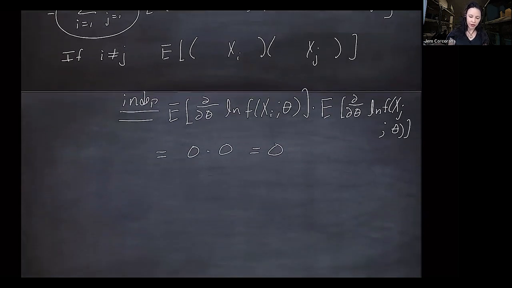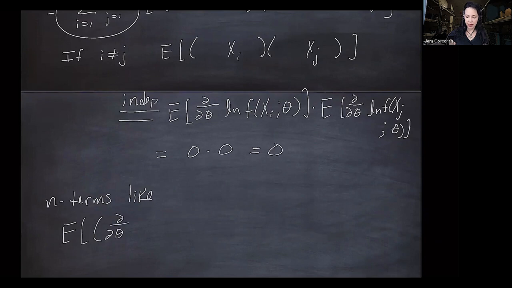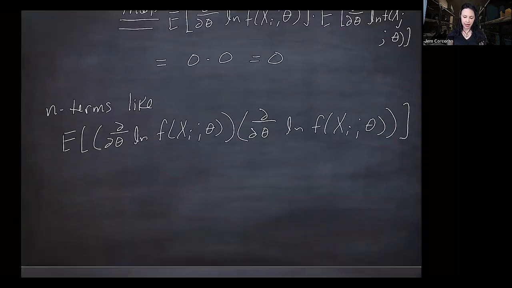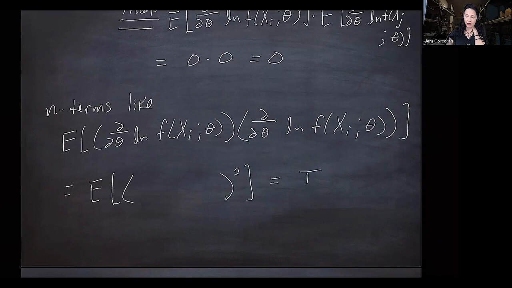So we have n terms like the expected value of the derivative with respect to theta of the log of f of xi theta, and then the same exact thing, which of course you can write as a single expression squared. And I will. But that is how we define the one-dimensional Fisher information, because that is exactly our Fisher information, except we don't have a vector in there.